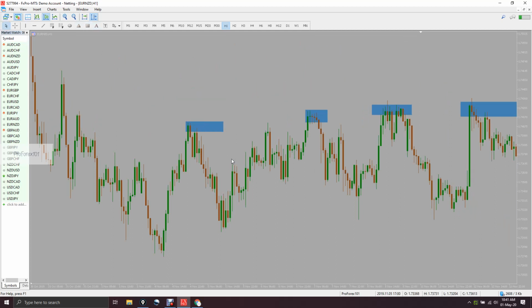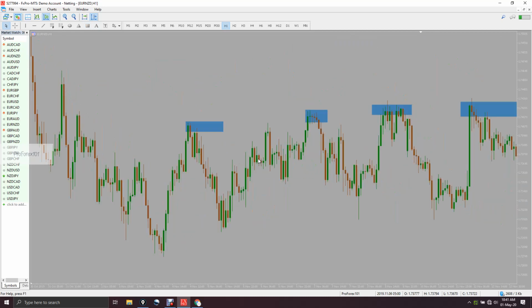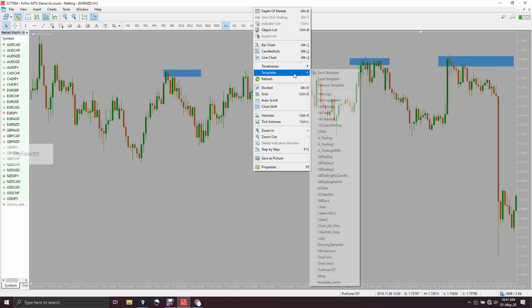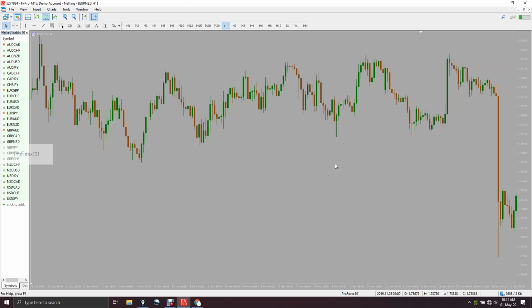And guys, when you're drawing the supply area, there are many ways of drawing it. So I'll show you some. For instance, some people, when they draw the supplies, take in the tails on top and then the bodies at the bottom.